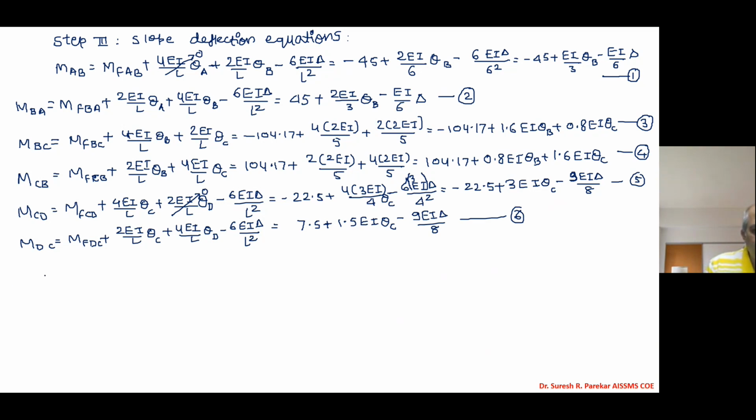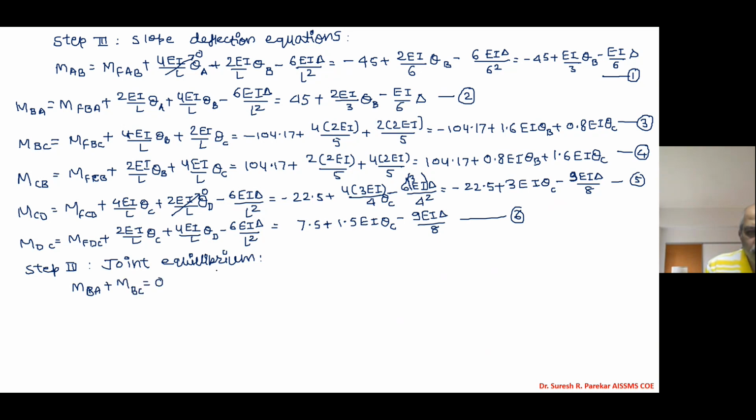Now we have step number 4, joint equilibrium. So we have MBA plus MBC equal to 0.